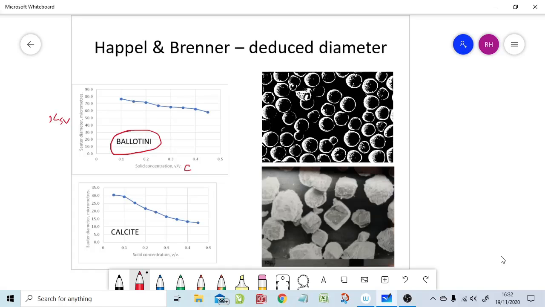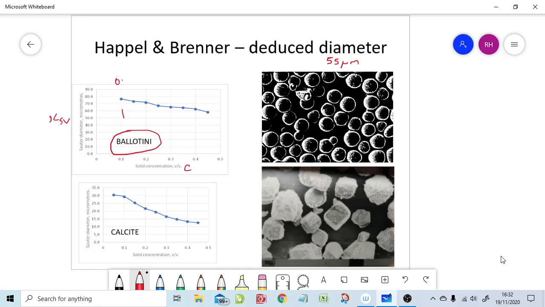But these are quite big particles, relatively speaking. They're pretty mono-sized particles, and the median size was something in the order of 55 microns. The concentration varies here from 10%, C equals 0.1.